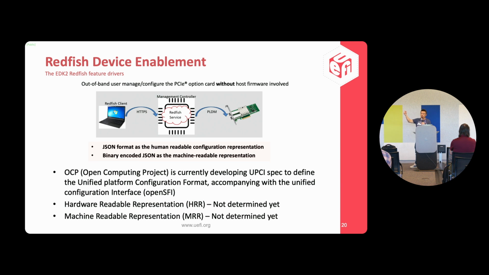The entire flow follows industry standards like the MCTP protocol, PLDM protocol, and PLDM type 6. So this is another way to configure the PCIe device without BIOS or host firmware support.